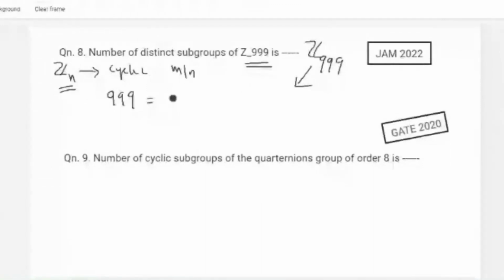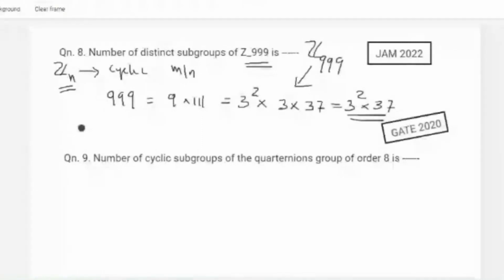You can see that 999 is 9 times 111. 9 is 3 squared, and 111 is 3 times 37. So the prime factorization, by the fundamental theorem of arithmetic, is 3 cubed times 37.